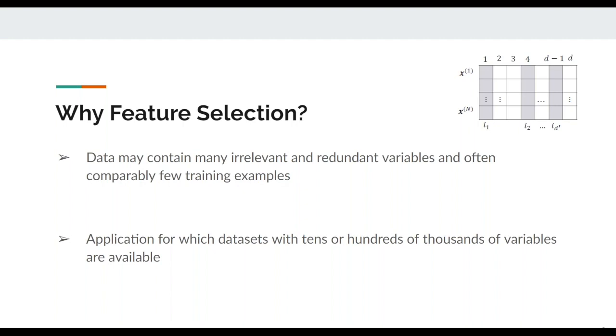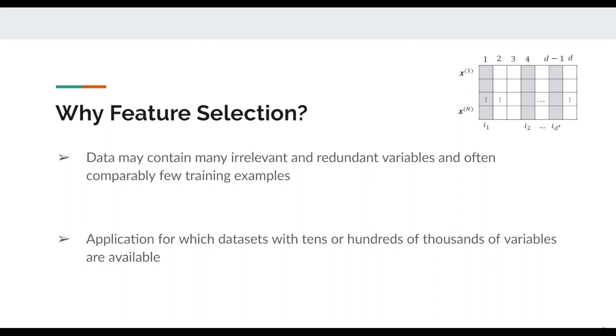In a lot of cases, raw data can contain a lot of irrelevant, redundant, or unnecessary variables, and you have very few actual observations that you can use to train the model.